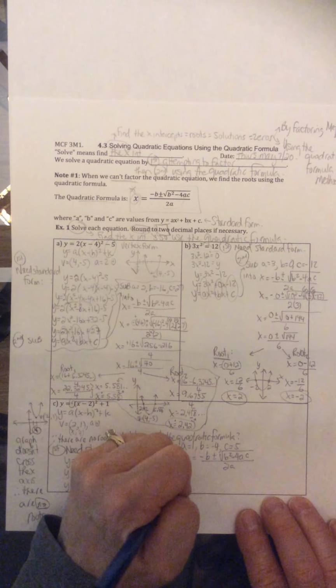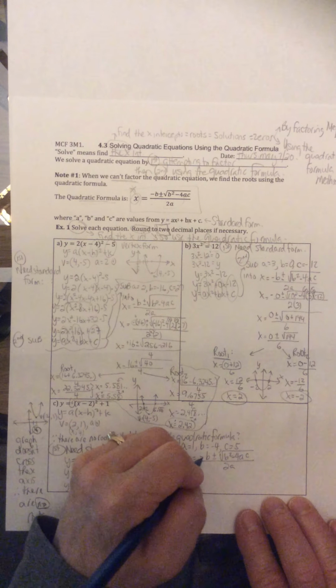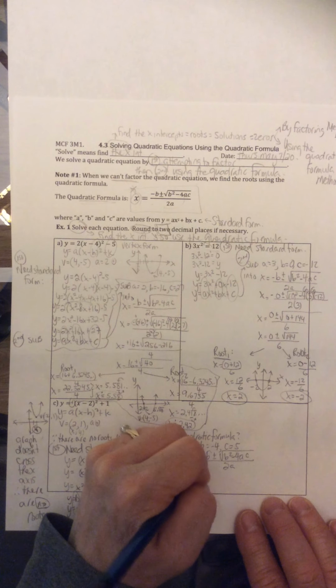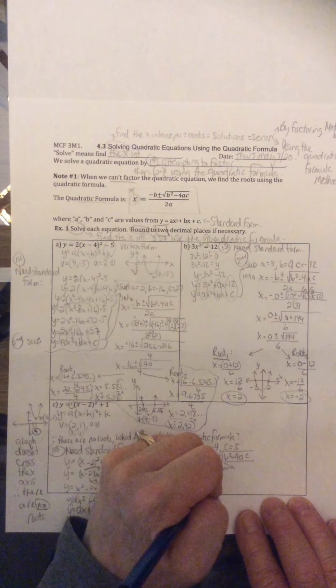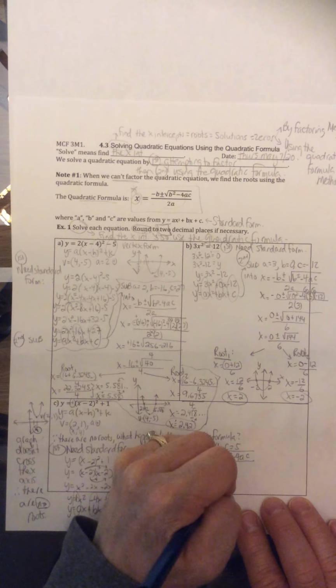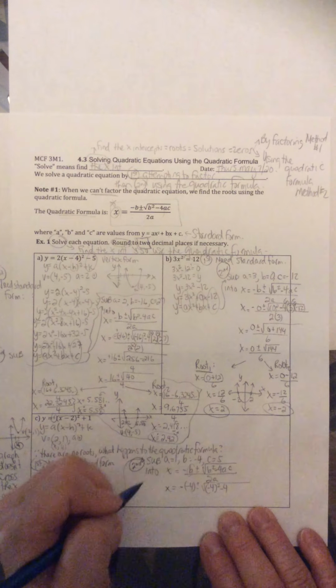When we do that, x is equal to negative. The b value itself is also negative, so double negative, that's okay. Plus or minus the square root of b squared, which is negative 4. Negative is in the brackets, by the way. If it's not in the brackets, you're going to get a mistake. Minus 4 times a, which is 1, times c, which is 5.